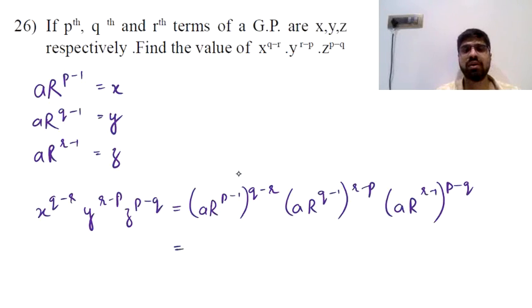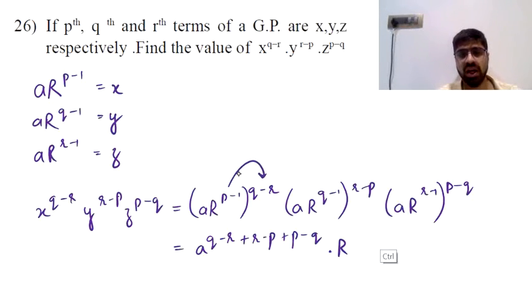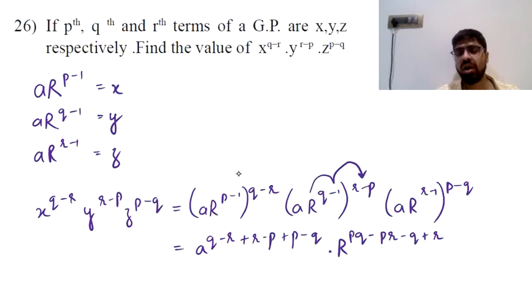So if we try to evaluate this, the power of a will be, we have a power q minus r into a power r minus p into a power p minus q. That will make it a power q minus r plus r minus p plus p minus q into capital R power p minus 1 into q minus r. If we expand the bracket, that makes it pq minus pr minus q plus r. Then we have R power q minus 1 into r minus p.